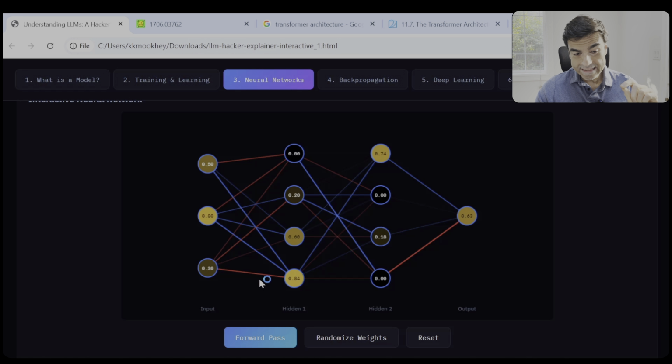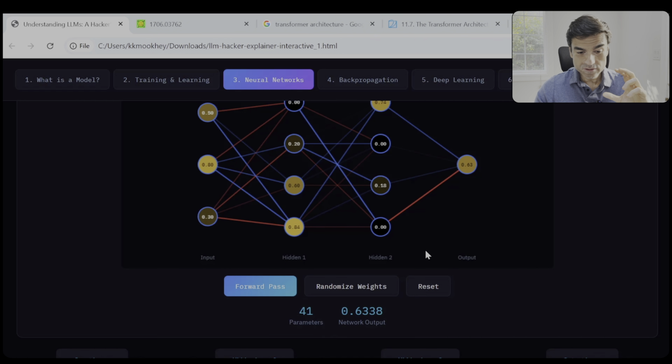You can see that in this simple network, I have 3 nodes in the input layer. I have 2 layers in the middle called hidden layers, each of which has 4 nodes, and I have 1 output layer. Even with a simple model like this, we are looking at 41 parameters, the weights and the biases.